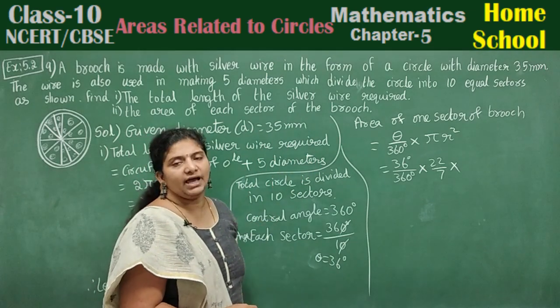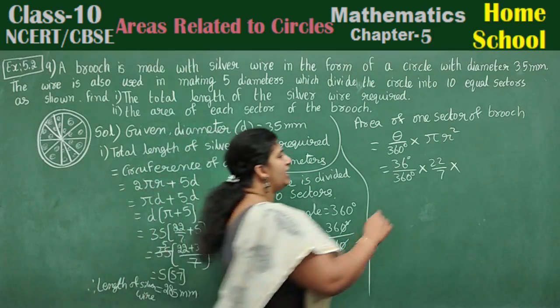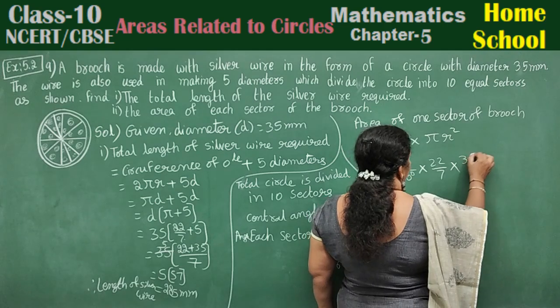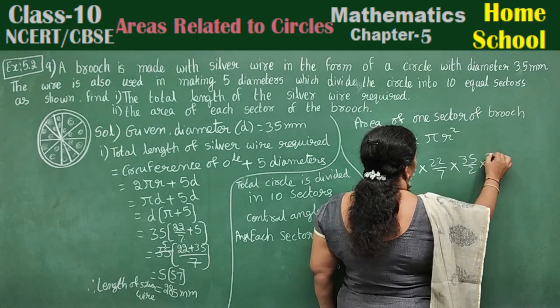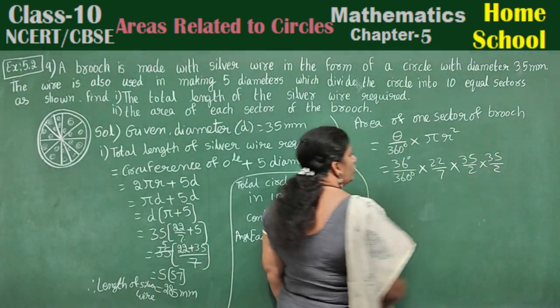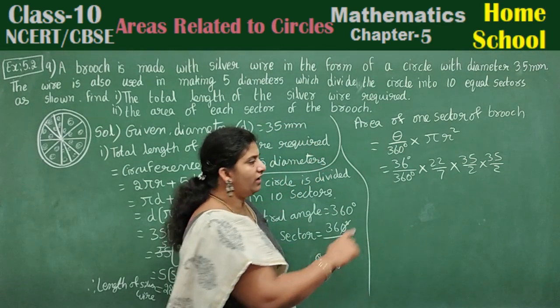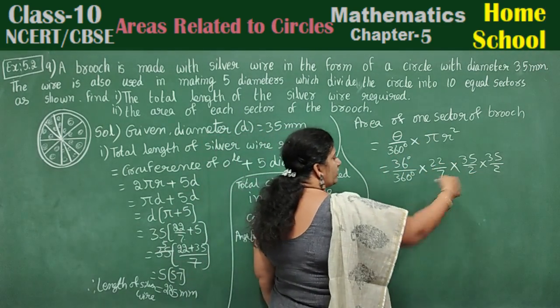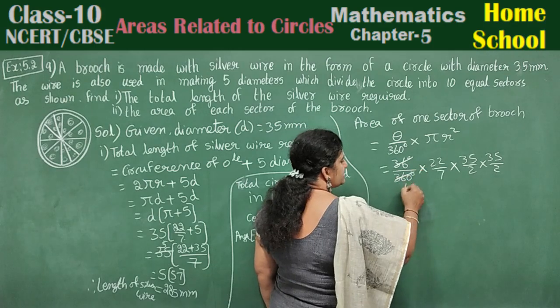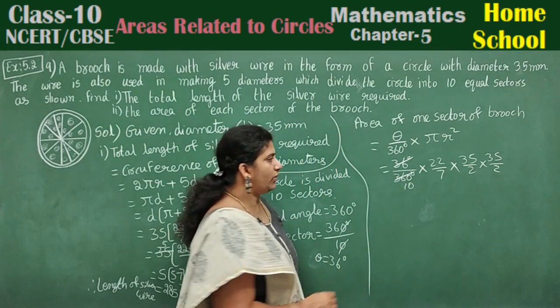I know the diameter is 35, then I can write the radius as 35 by 2 into 35 by 2, radius square. 2 times, you can multiply. 36 tens. Okay.